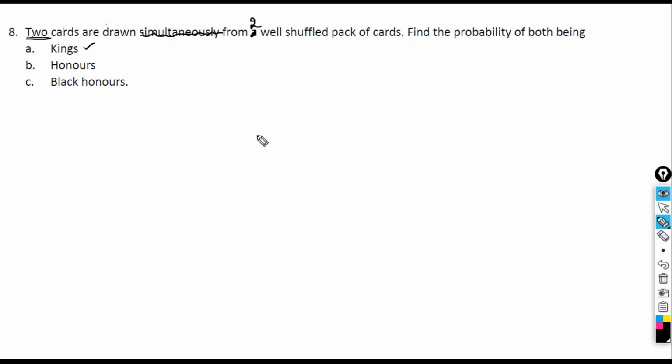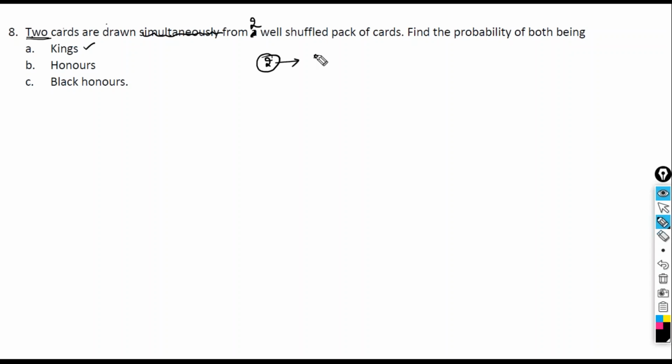Okay, let's do it. I got many responses. So when 2 cards are drawn from 2 pack of cards, first of all, it is not stated whether we are going to take out 2 cards from 1 pack only or it is one card from both. So we have to consider all the cases, right?